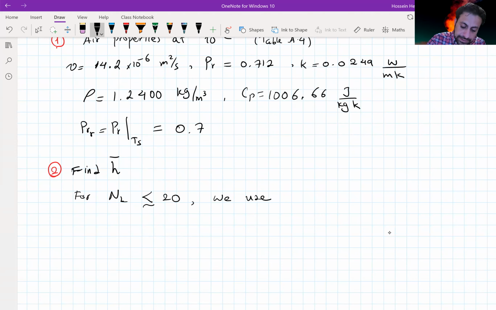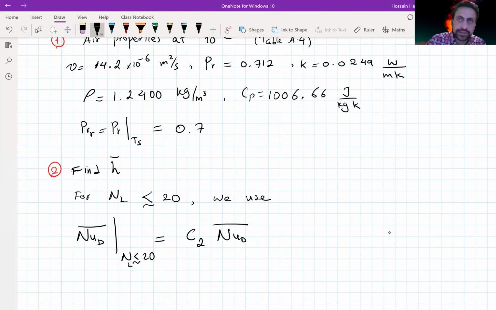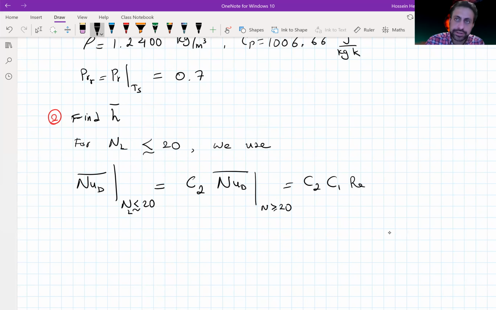So what we use is the Nusselt number D for NL less than 20 is going to be C2 times the Nusselt number D that we have seen for the larger one, so NL greater than 20, and it's going to be C2 C1 Reynolds number D max to the power of m, Prandtl number to the power of 0.36, and then we have a correction factor taking account the effect of surface temperature, Pr over Pr_s to the power of 1/4.